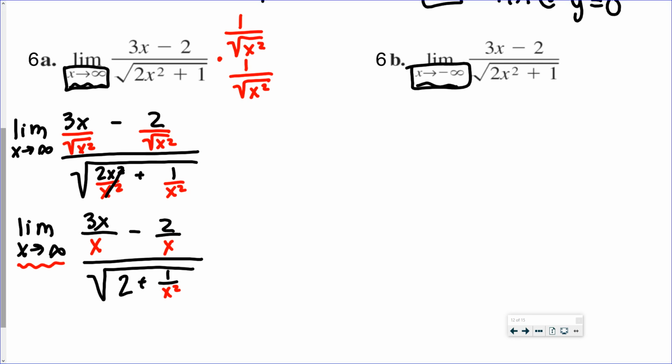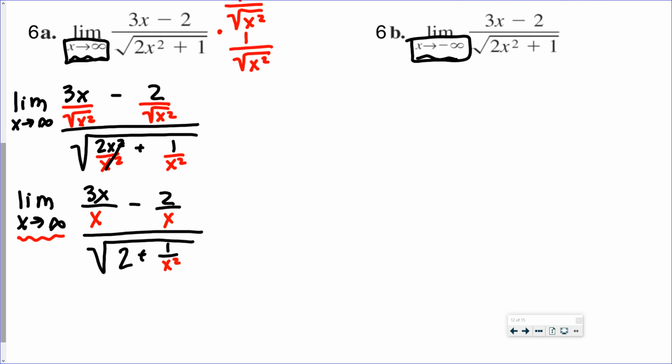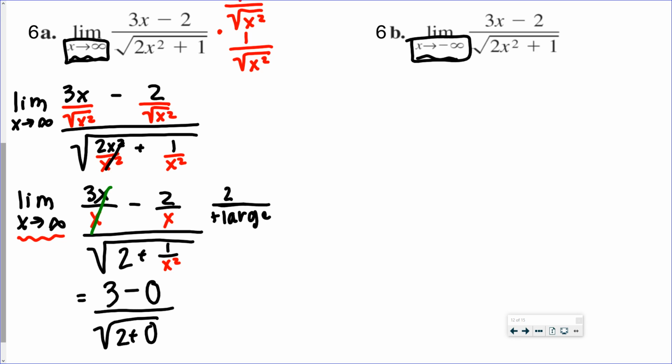Now when we plug in infinity, these cancel now too. I would have 3 minus 2 over large, which is just 0. 2 over positive large is 0, all over the square root of 2 plus 1 over large, which would be 0. So you end up getting 3 over the square root of 2.